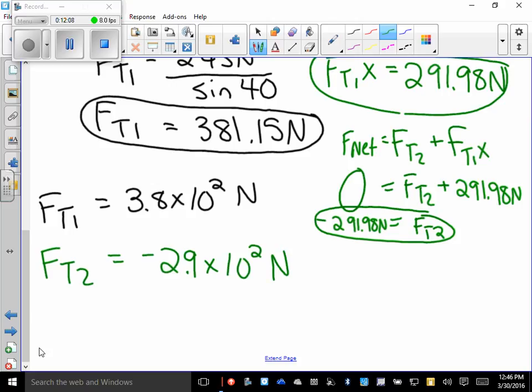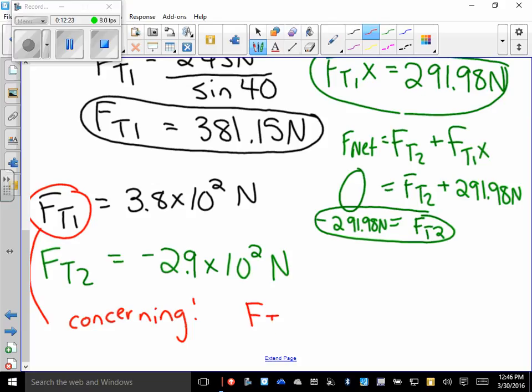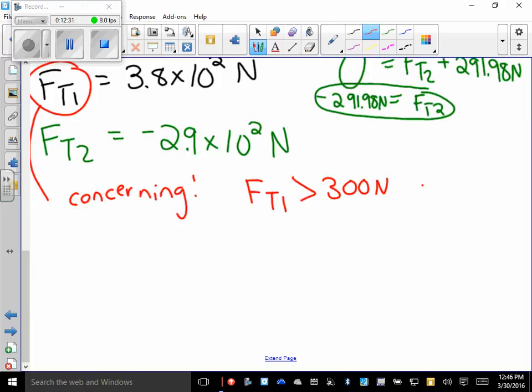Okay, any concerns? Yes, this should be concerning. Since the force of tension in wire 1 is greater than 300 newtons, it will need to be replaced by a stronger wire.